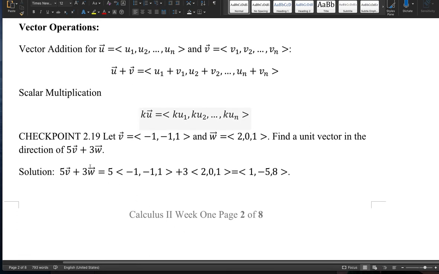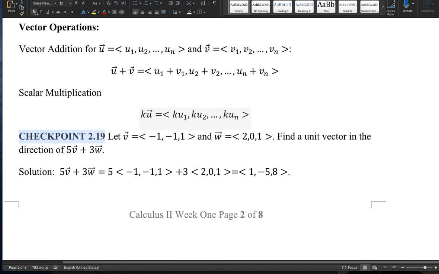And actually, I did take an example from the textbook, checkpoint 2.9, with vectors V and W. I suppose it should be very simple. It is to find a unit vector in the direction of 5V plus 3W. In general, for any math problem, it might be hard to jump to the conclusion directly, so you do need to show the work.